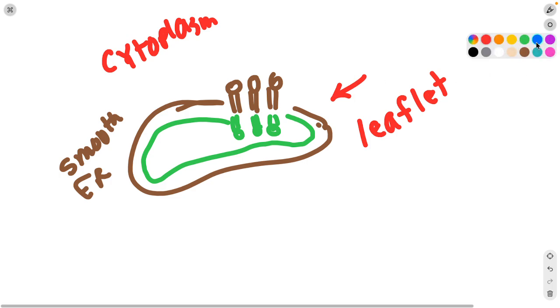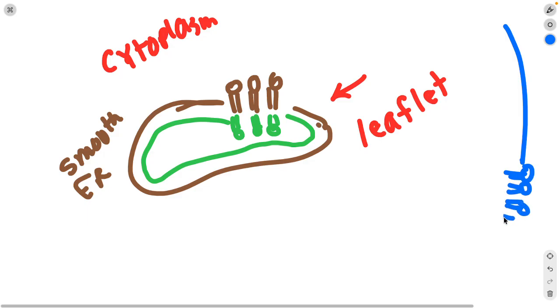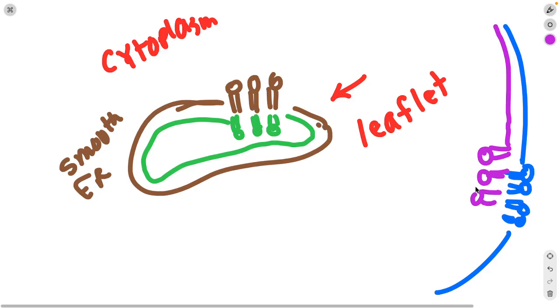So if we just jump out here to the cell membrane, here's the cell membrane, and it has its outer leaflet, like that, in the cell membrane, and an inner leaflet, like that. Right?